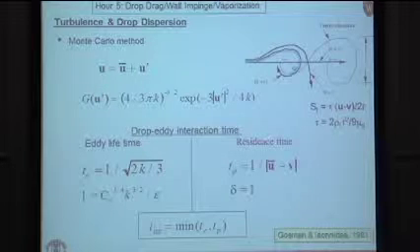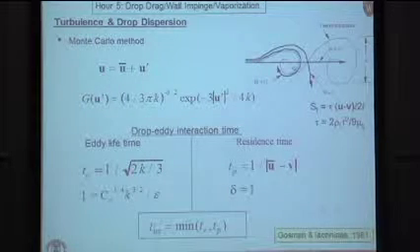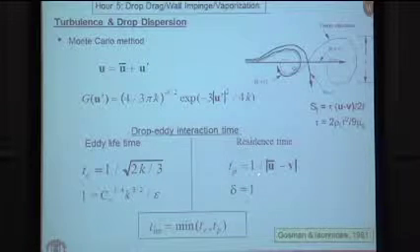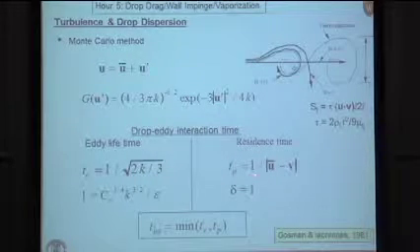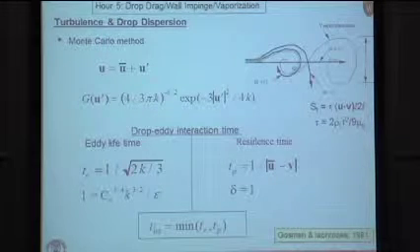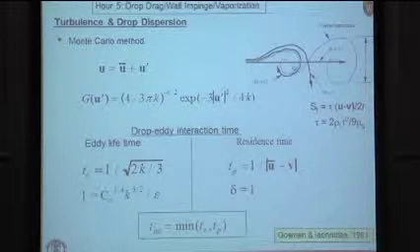The other is the case where we have a cannonball type of interaction, as long as the droplet remains in that eddy, which is determined by the size of the eddy and the relative velocity between the drop and the gas. So we take the minimum of these two times. Once this time has been reached, we go back and sample for a new u prime, because now the droplet is in a new eddy, and in this way account for the effect of turbulence.